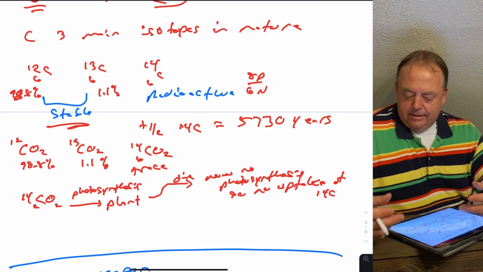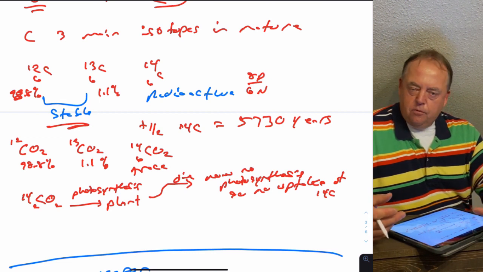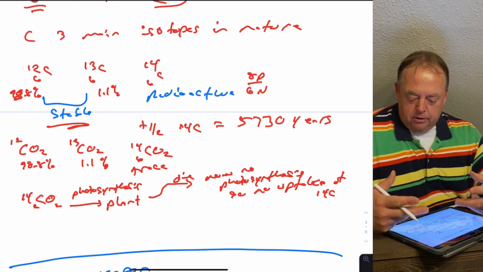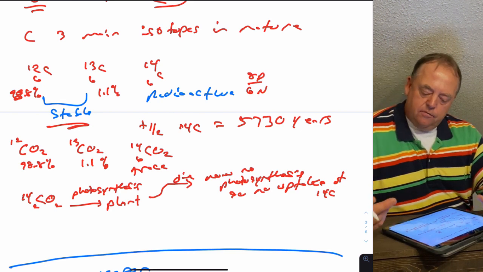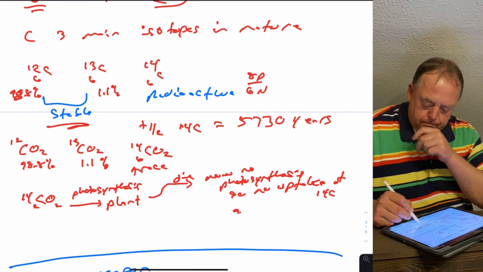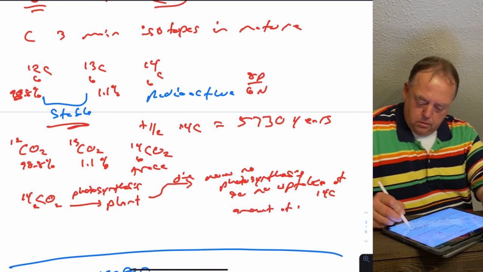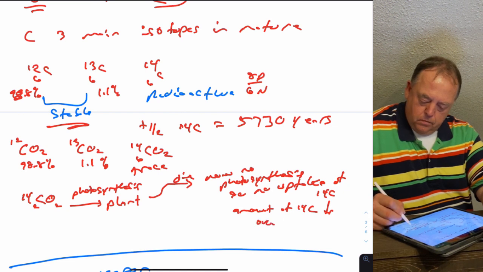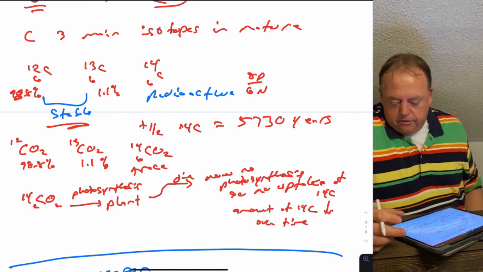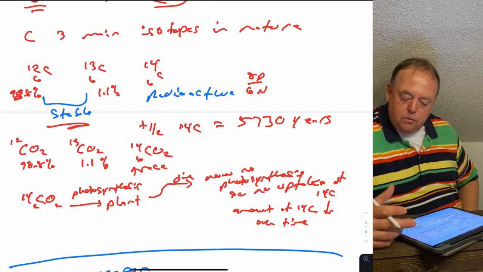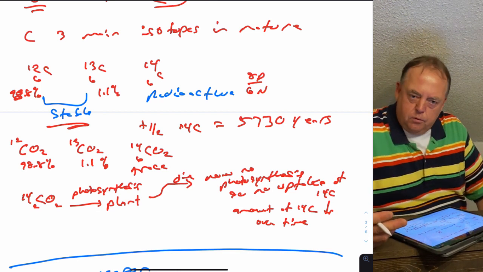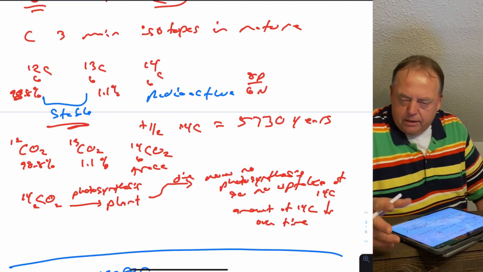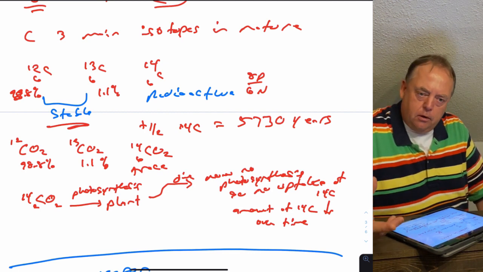But once it dies, it's no longer taking up carbon-14, and the carbon-14 that is in the plant now is going to be decaying, so the amount of carbon-14 decreases. So if you simply have an artifact or fossil and measure the amount of carbon-14 in it, then based on how much radioactivity you get, you can date how old that artifact is.